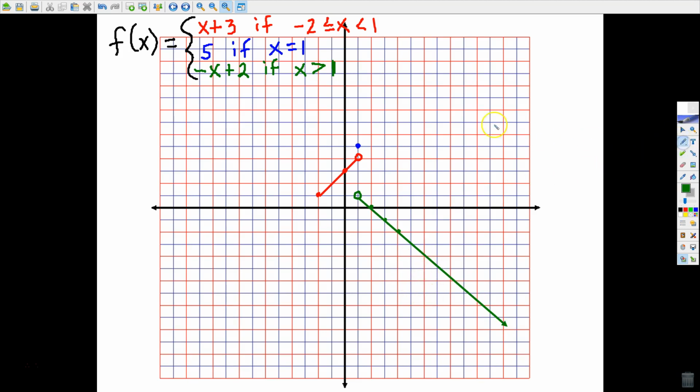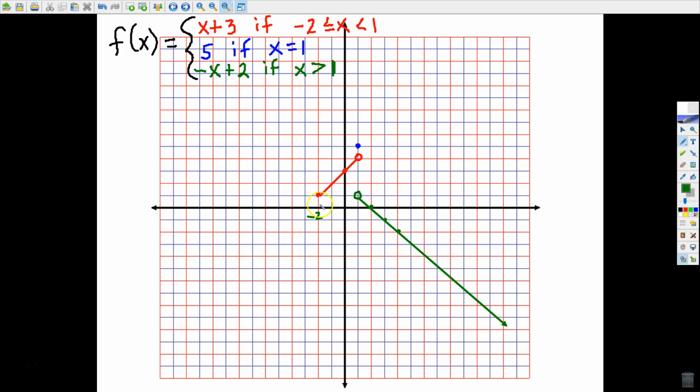Okay, so we got the graph, and now let's see if we can answer some questions while we're here. Let's see, what would the domain be? Well, it doesn't extend to the left of x equals -2, but it looks like it does extend to the right of that, because even though these are both open, this fills those two open circles.